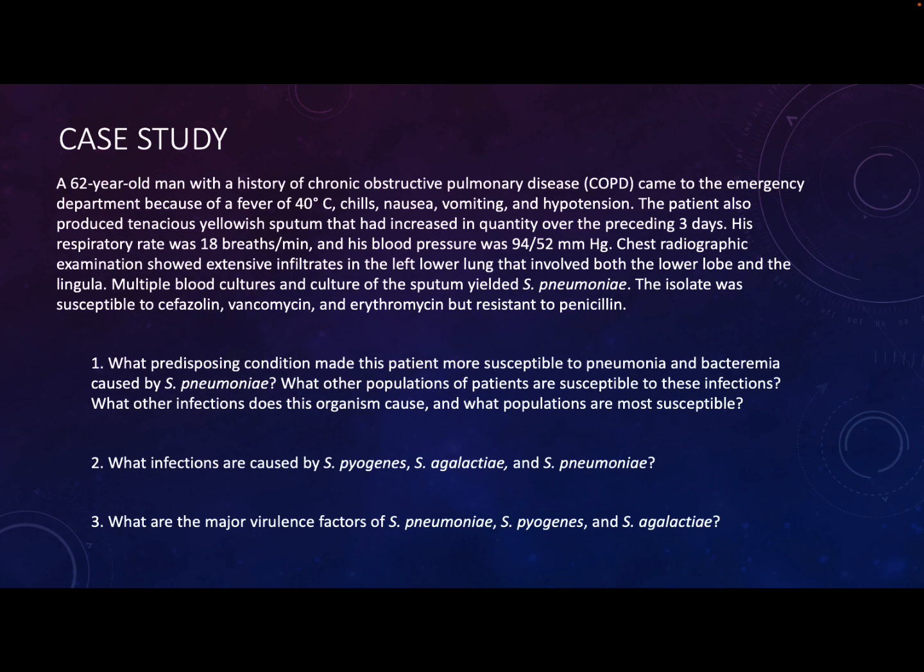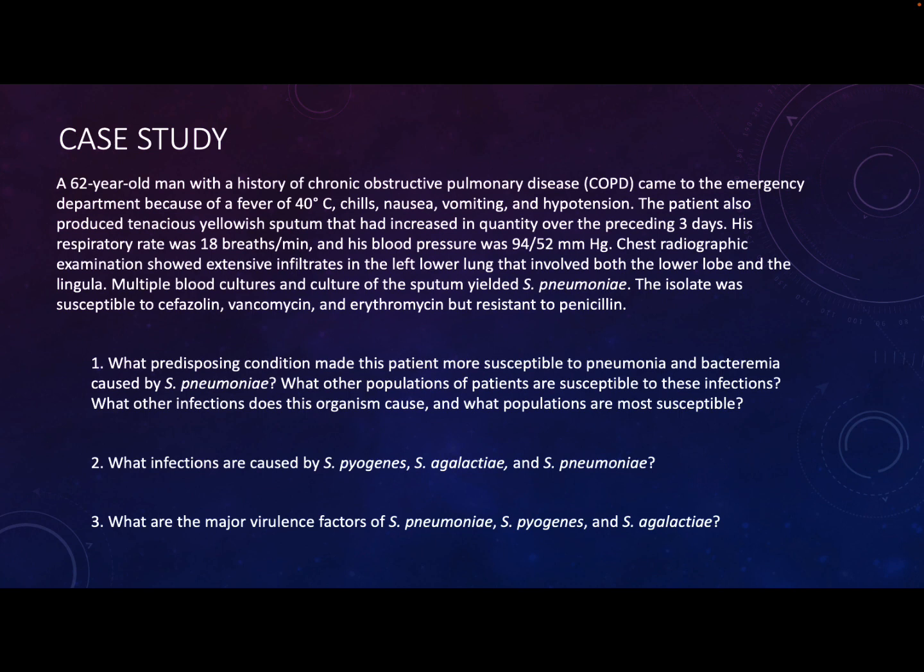All right. So, what predisposing condition made this patient more susceptible to pneumonia and bacteremia? Pulmonary disease. So this patient was more susceptible to the respiratory infection because he had chronic obstructive pulmonary disease, COPD.